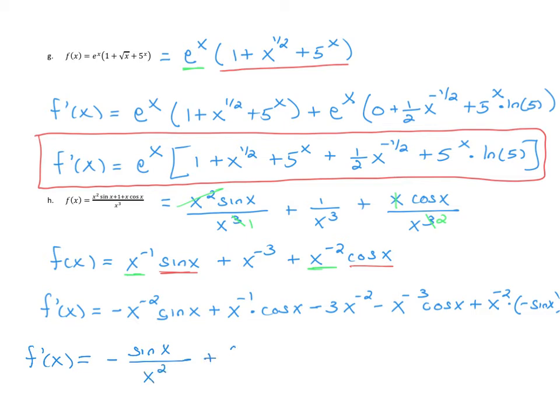Then plus cosine of x over x to the positive first, minus 3 over x squared. Then we have minus cosine x over x cubed. And then minus, this minus comes from, well, this is really negative, it can be multiplied out front, and we get sine of x over x to the positive 2.